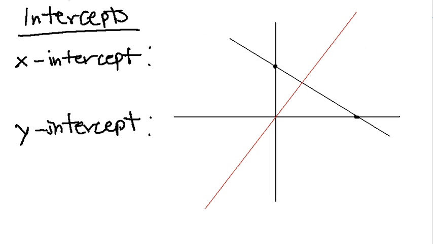Now for this red line, we have a special case where the x-intercept and the y-intercept are the same, the origin. There are 2 particular ways of describing a line which immediately give us information about the intercepts of the line and the slope of the line.